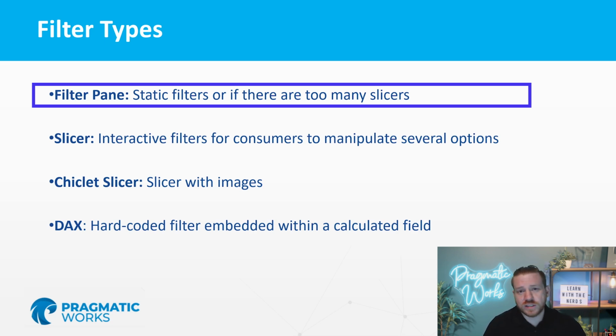We're going to go over what a slicer is in just a moment, but if you have too many slicers taking up too much real estate, the filter pane allows us to have a scrollable space where it can actually scroll up and down, unlike the Power BI report, and actually see many different filters if we need it. Typically speaking, you only use the filter pane for static filters that you, as a designer, are developing and making not changeable or editable by your end users.